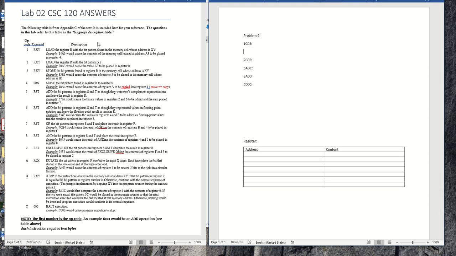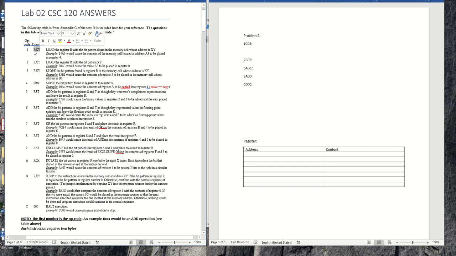The first step is to load the register R with some bit pattern. So first off, what is register R? The way we find that is by matching up the next 3 digits in our instruction, using the pattern given on our opcode, whichever one we're on.